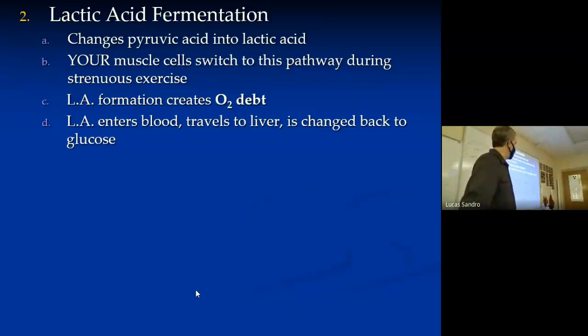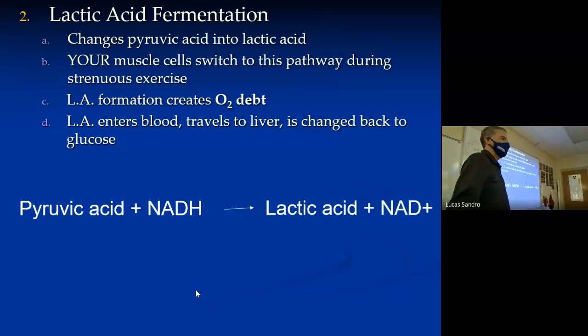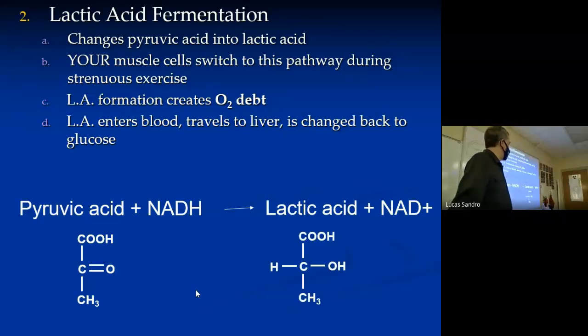Equation-wise, we are looking at, again, pyruvic acid and NADH going in. But this time, instead of CO2 and alcohol, we just have lactic acid itself. Formula-wise, just to get a sense, that's what these look like. Really, we've just changed one double bond.